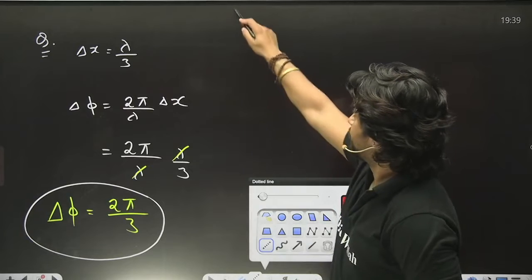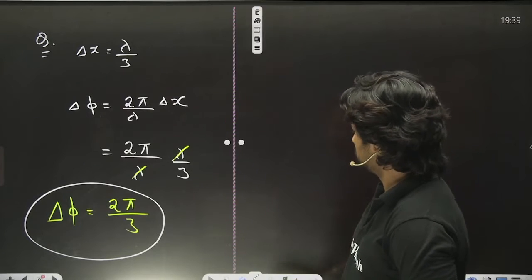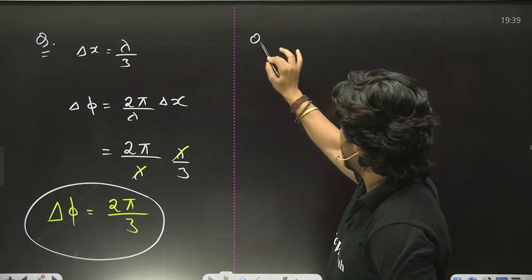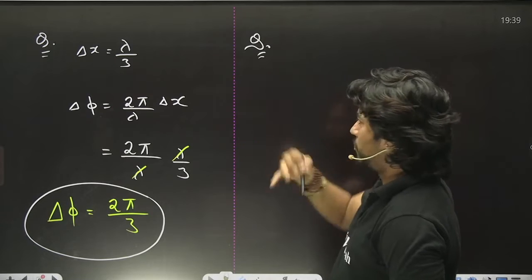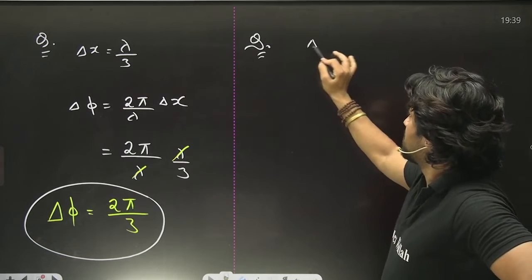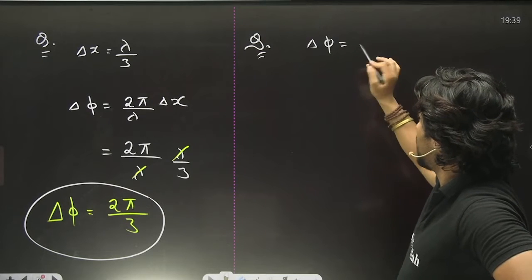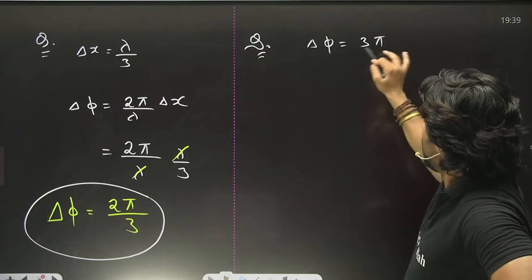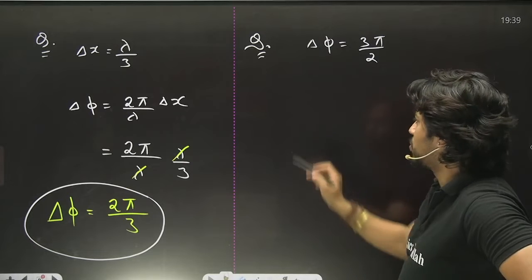Let's come to the next question. Vice versa, in the reverse situation, let's say the phase difference is given as 3 pi by 2. What path difference does it correspond to?